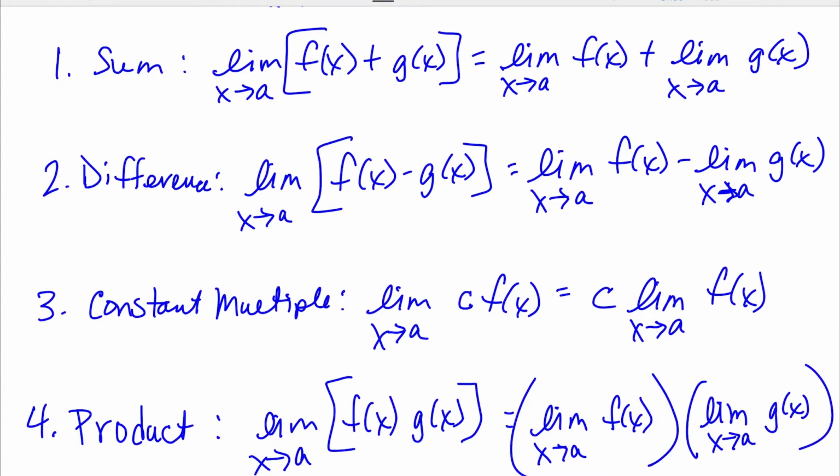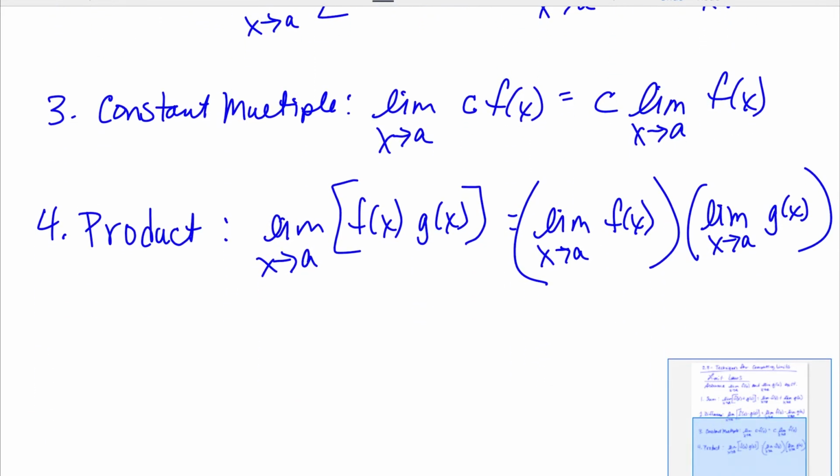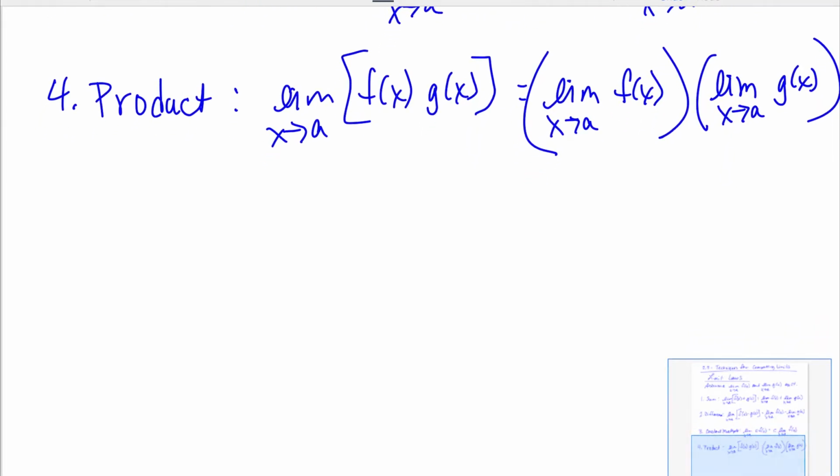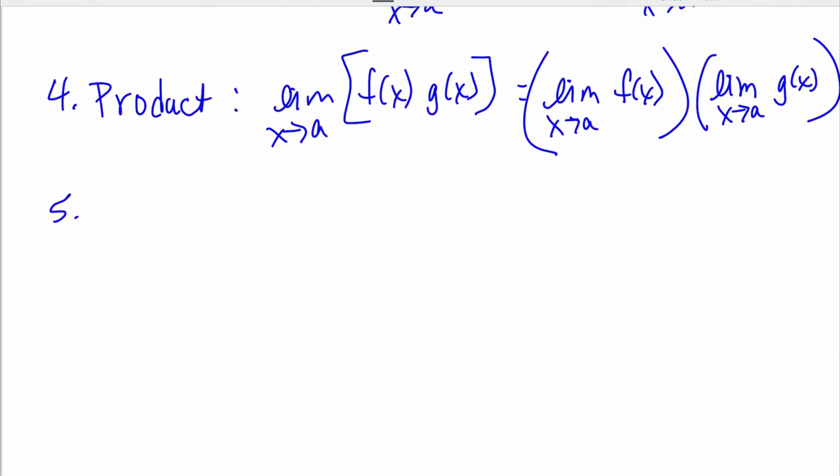All right? So you're just taking the limit of each one and multiplying those together. Just the same as the sum, just the same as the difference. Oh, guess what we're going to do next? The quotient. Yeah, and spoiler alert, same thing.